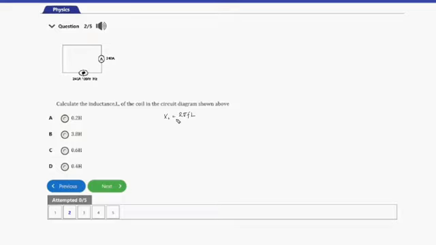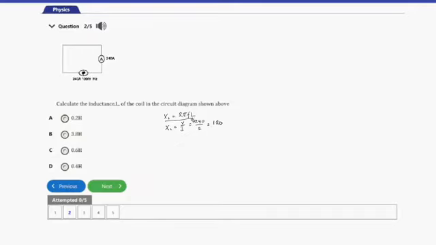Reactance, as you all know, is voltage over the current, which is 240 volts here over 2 amps. So when we do that, we're going to have 120 for the reactance. So in that case, let's have that reactance is equal to 2 pi FL.